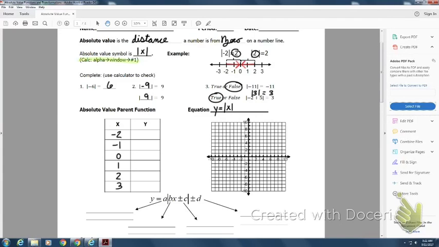So just going down this list of x's, the absolute value, if I plug each one of those in for x, that will give me my y. So the absolute value of -2 is what? -1, 0, 1, 2, 3.